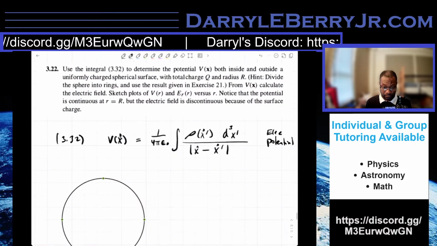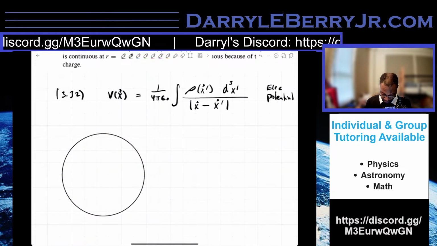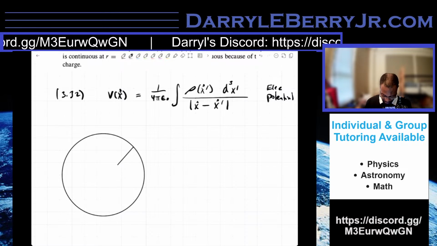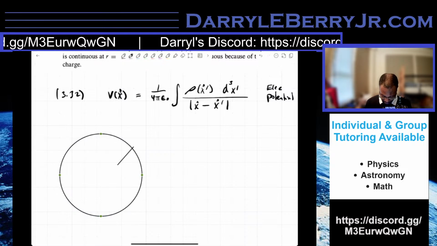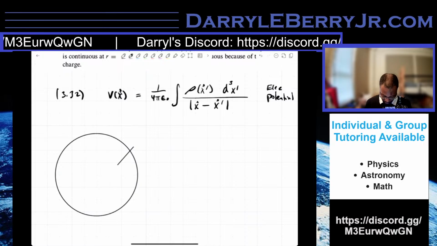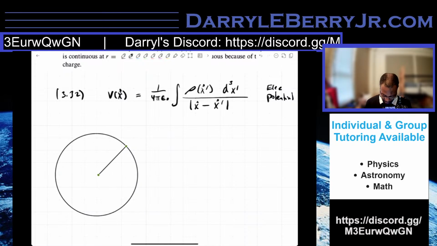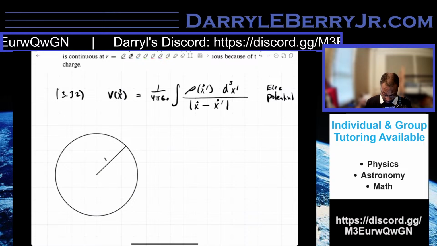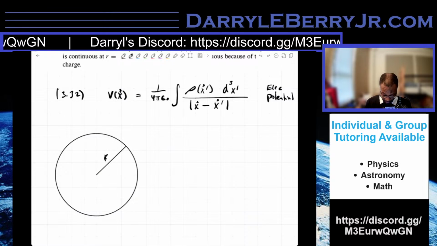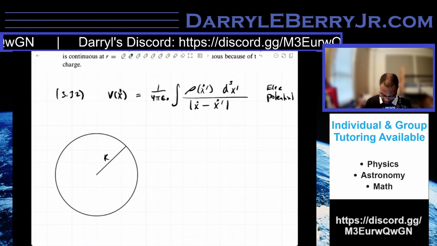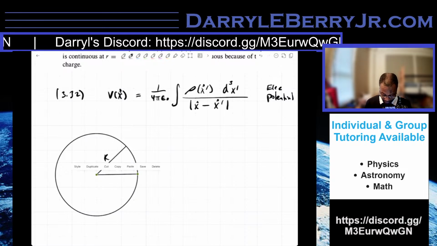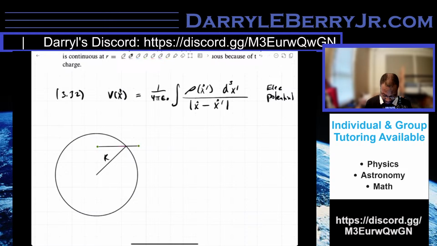You can say this is the center, and this is radius R. And within the sphere, we have a radius at that point going to the center.